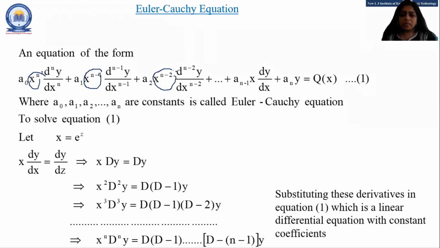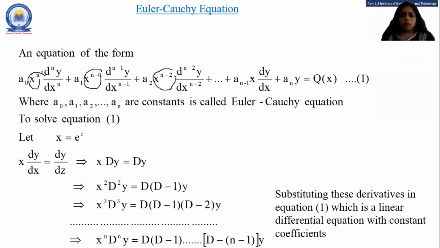When this type of equation is given, it is known as the Euler-Cauchy equation. So you can understand from the question itself that this equation is Euler-Cauchy: the power of the derivative d by dx will be the same as the power of x multiplying it. Okay, got it?